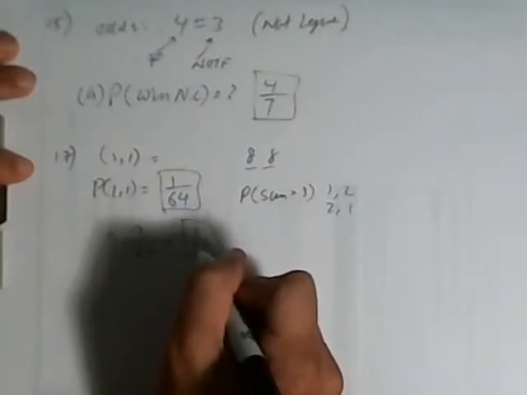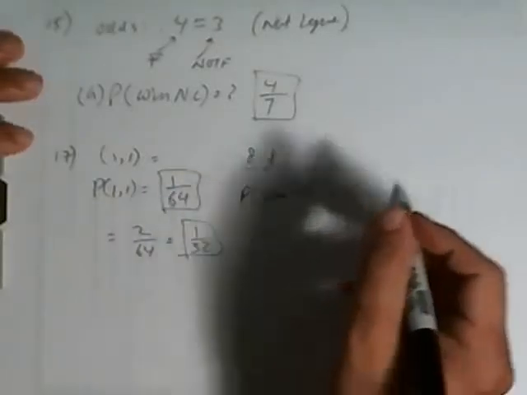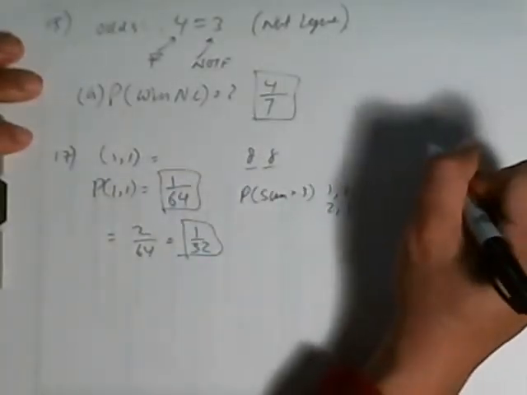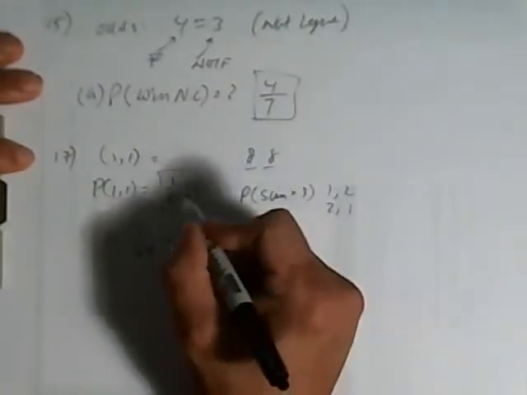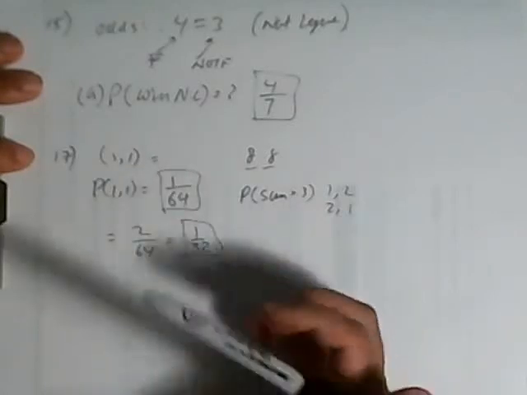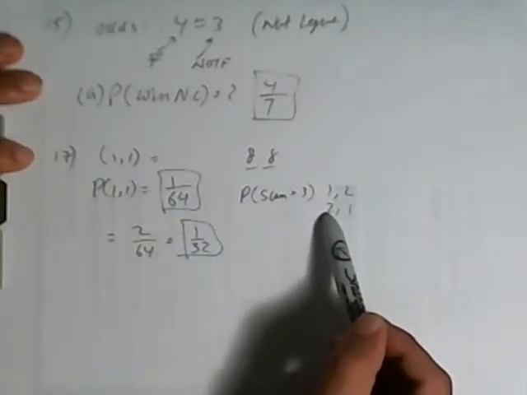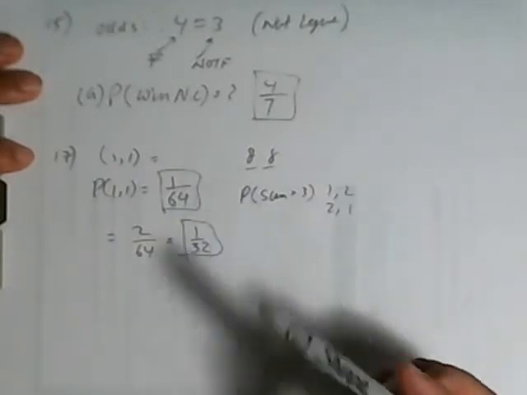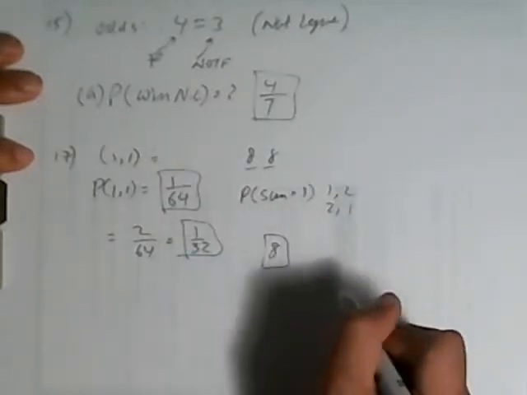What is the most likely number to appear? As noted earlier, 7 was the most likely number because there were the most combinations adding up to 7. As you notice here, when you get 1, 1, there's only one of them. When the sum is 3, it's 1, 2 and 2, 1. And as you make it go higher and higher, the sum that has the most probability is 8.